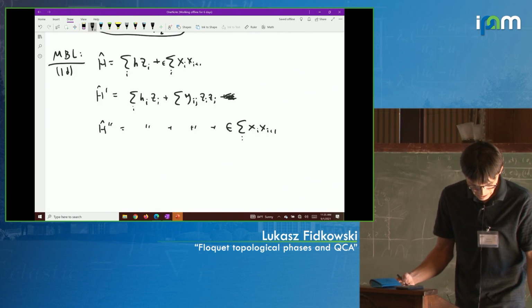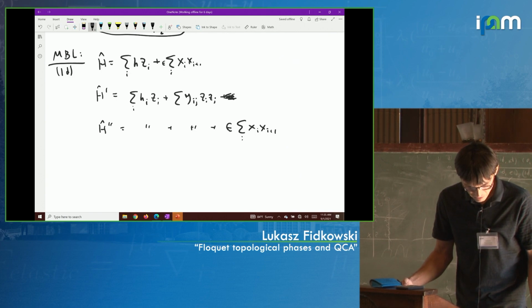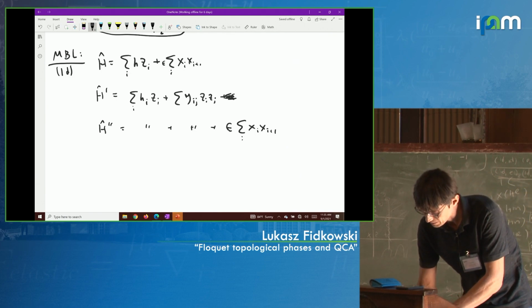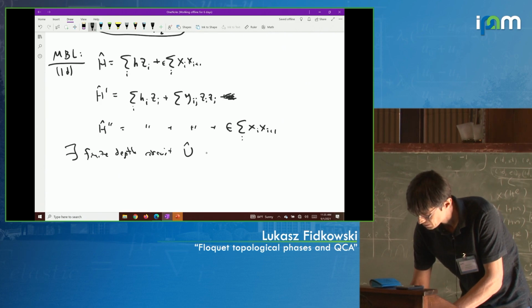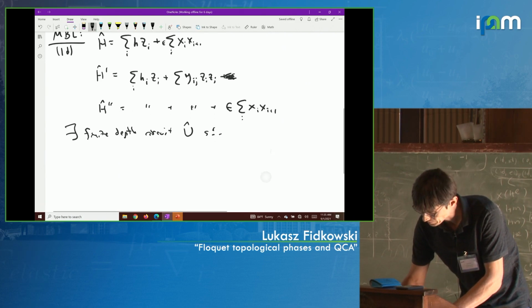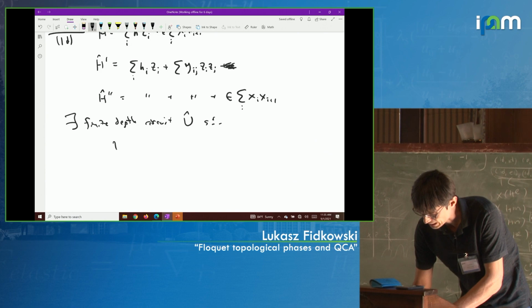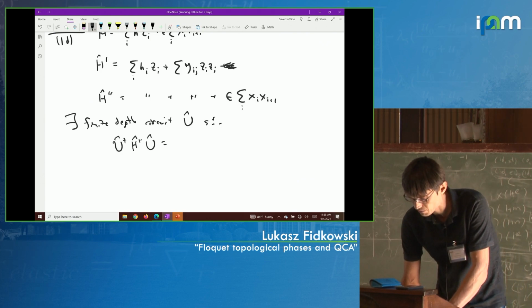So formally speaking, there exists a finite depth circuit, let me call it U, such that I can conjugate H double prime, this perturbed Hamiltonian, by U, and get a Hamiltonian of the original H prime form.